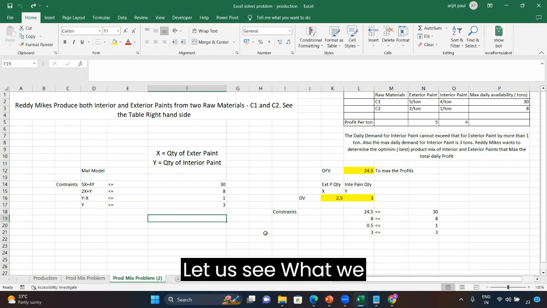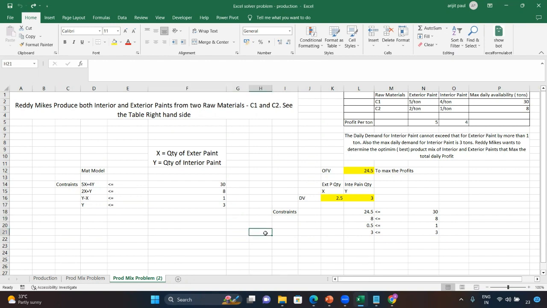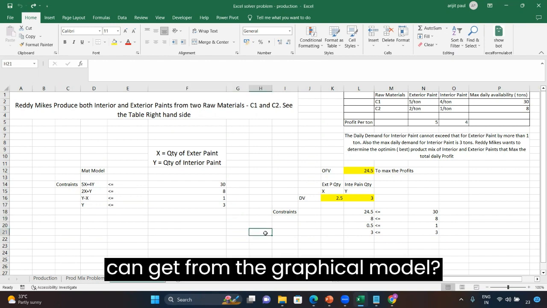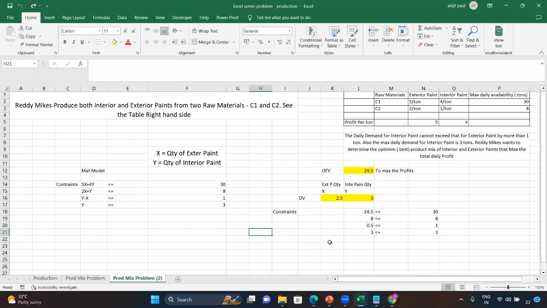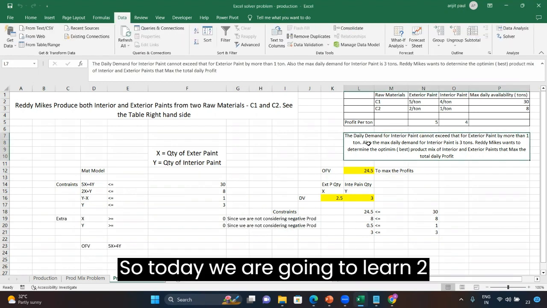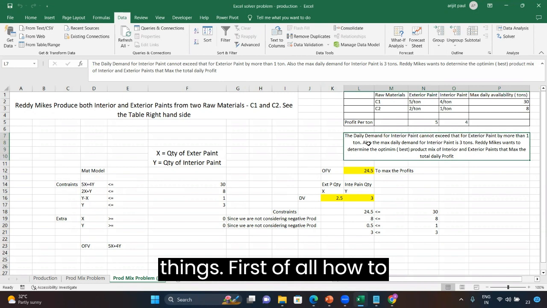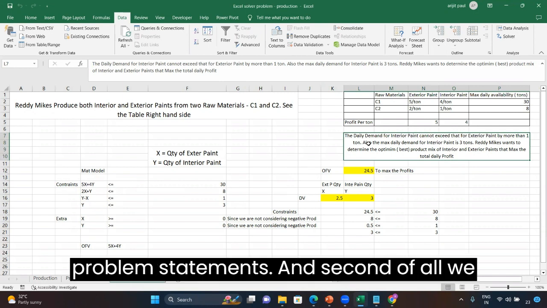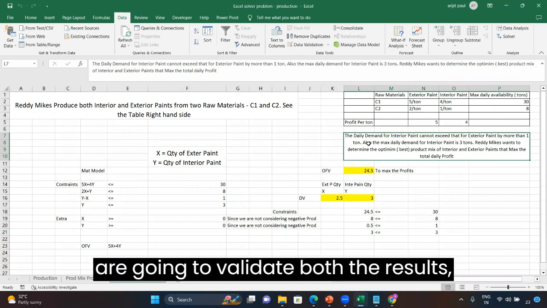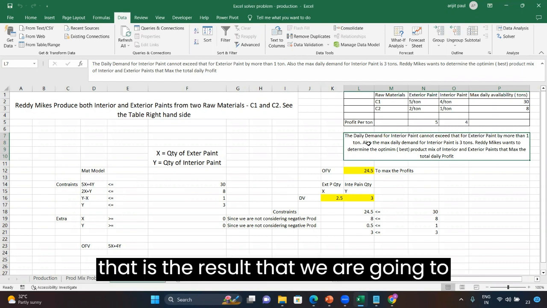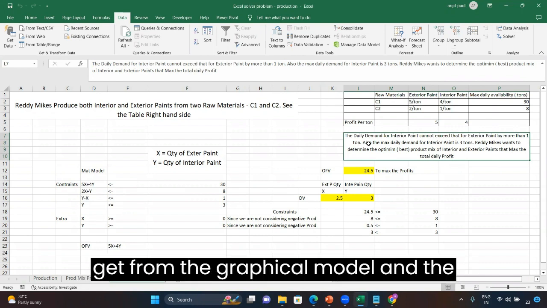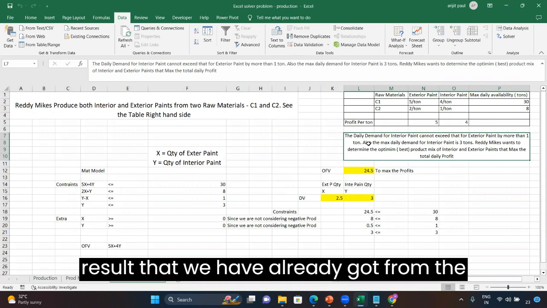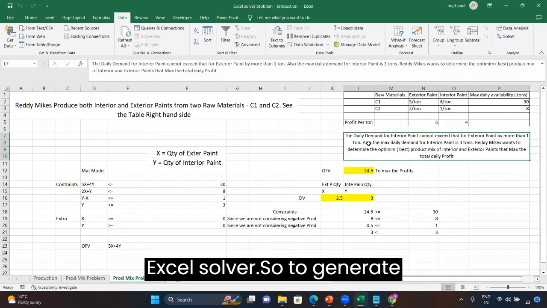So let us see what we can get from the graphical model. Okay, so today we are going to learn two things. First of all, how to generate a graphical model from these problem statements. And second of all, we are going to validate both the results. That is the result that we are going to get from the graphical model and the result that we have already got from the Excel solver.